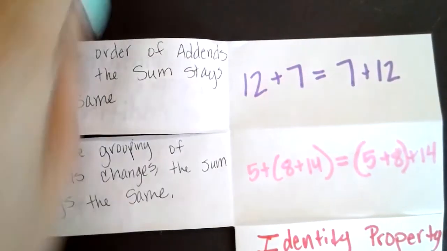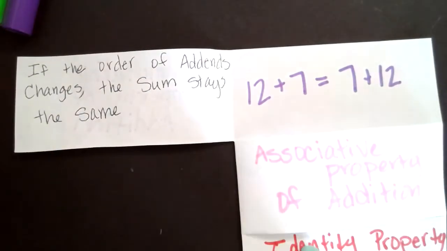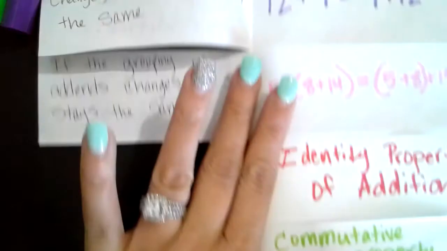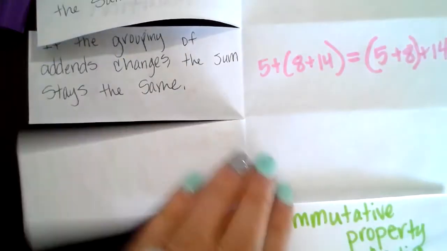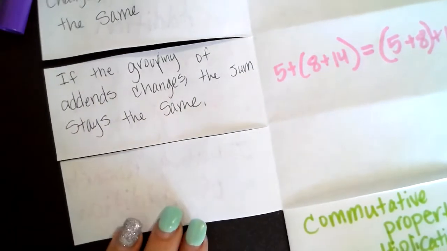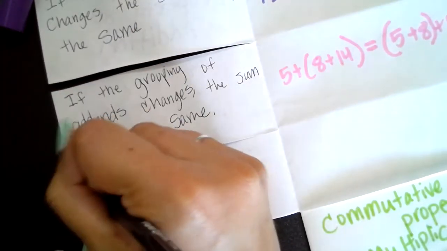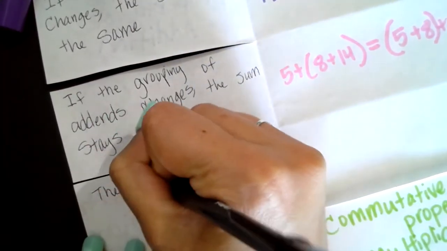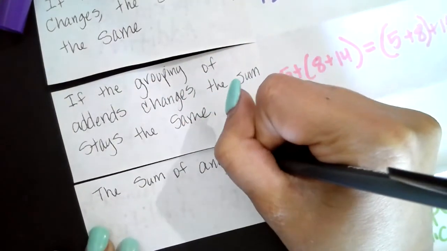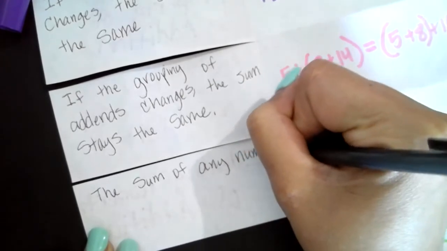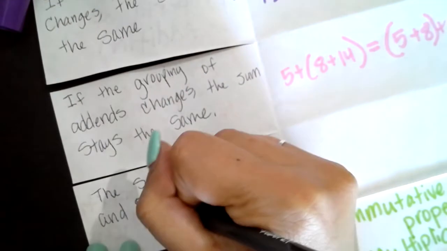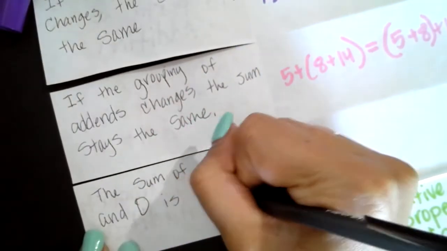Okay, so there's associative property of addition, commutative property of addition. All right, we're on identity properties. Open that one up. The sum of any number and 0 is that number.